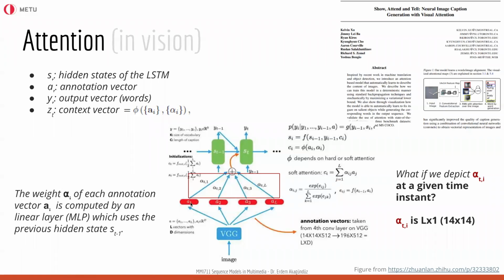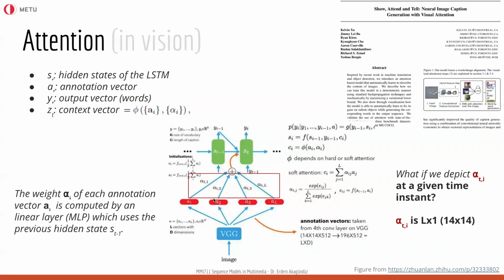I have some hidden states. So this is the first state. At the first state, as an output, I've created S0 or S1. By using S1 and the activations for each region, I've calculated the score function. By using the score function, I've calculated either a soft attention or a hard attention.